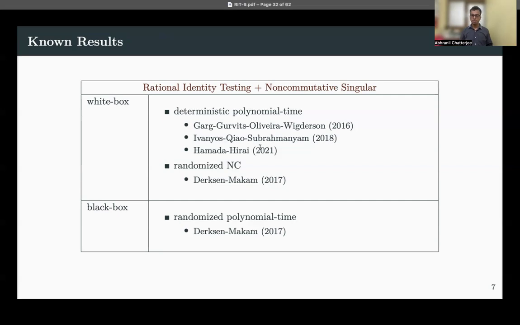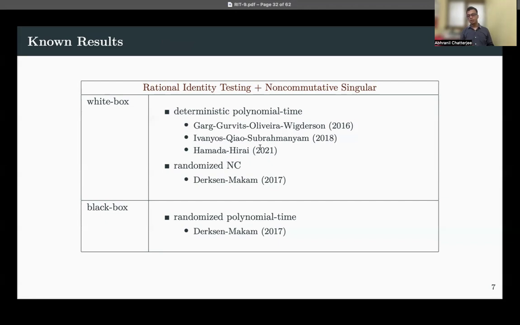The problem can also be solved in randomized NC, that is a parallel algorithm, due to Derksen and Makam. It is presented as a randomized polynomial time algorithm, but we observe that a rational formula can be evaluated on any matrix substitution in NC, which puts the algorithm in randomized NC.